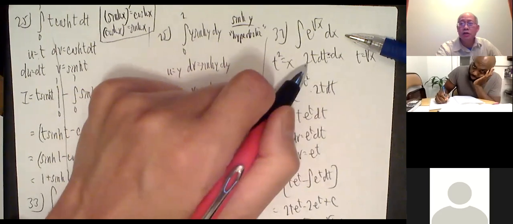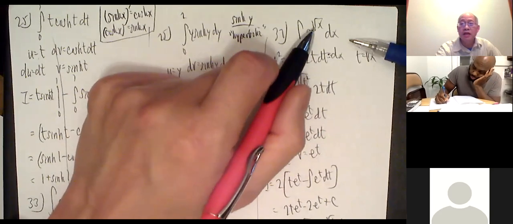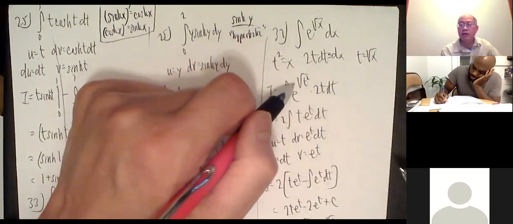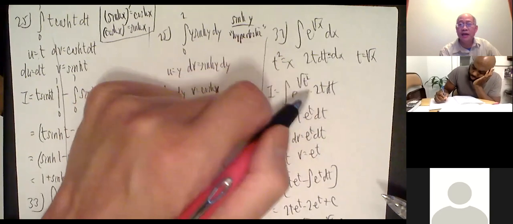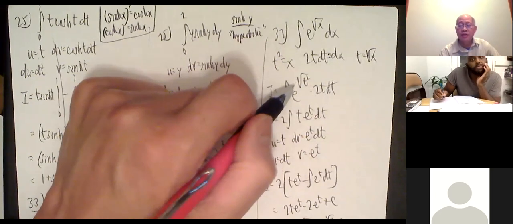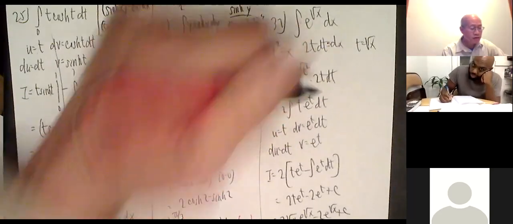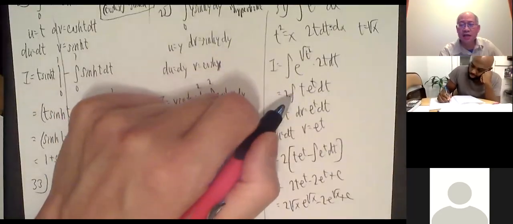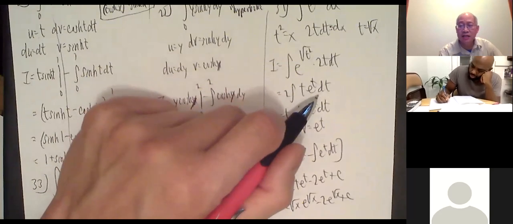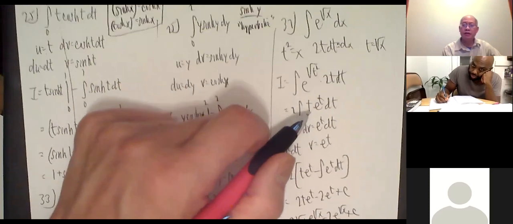What is dx? 2t dt. So one more time, e to the radical x is e to the radical t squared. Then dx is 2t dt. So this changes to e to the t. Take the 2 outside. I now have 2 integral of t e to the t dt. And now I can integrate that by parts. So that was the tricky thing about this one.